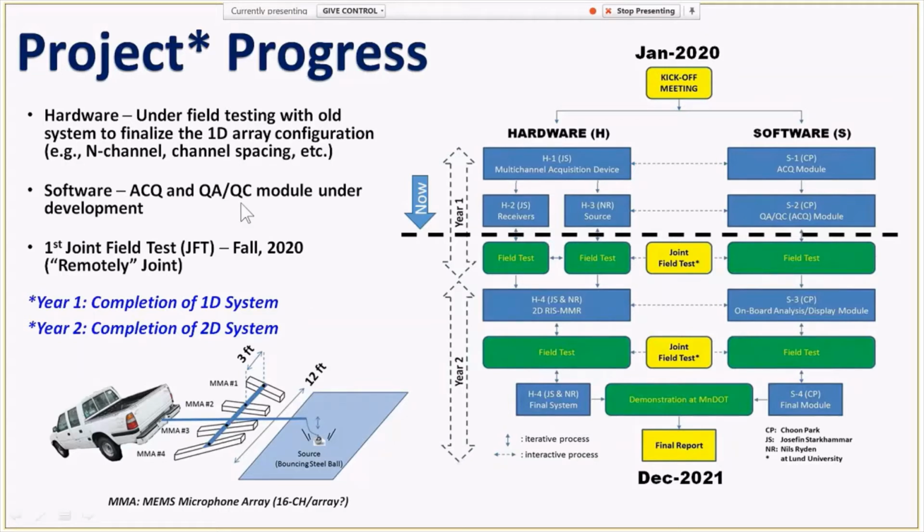The next major task scheduled is the first joint field test, scheduled sometime this fall to take place in Lund, Sweden. But I think we are now considering having it as a remote joint field test. For example, the team in Sweden goes out to a specific site, collects the data, and sends that data to us.